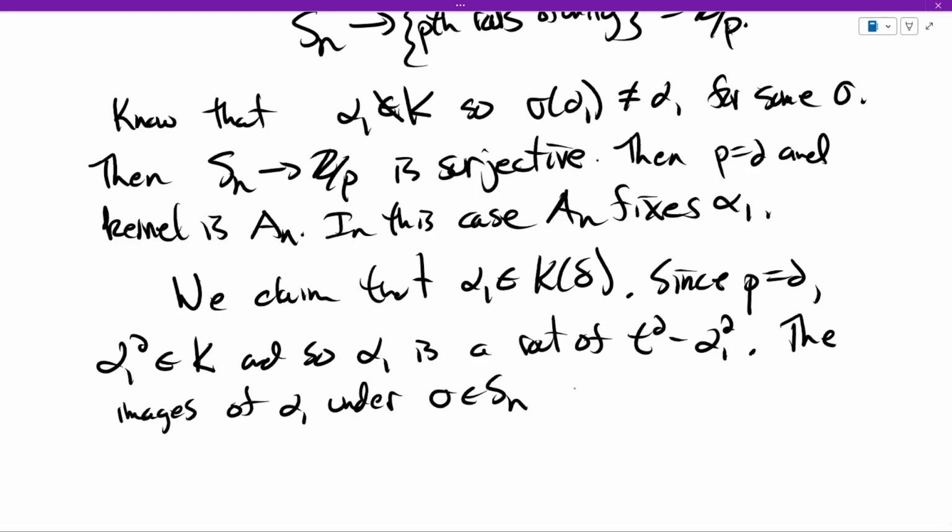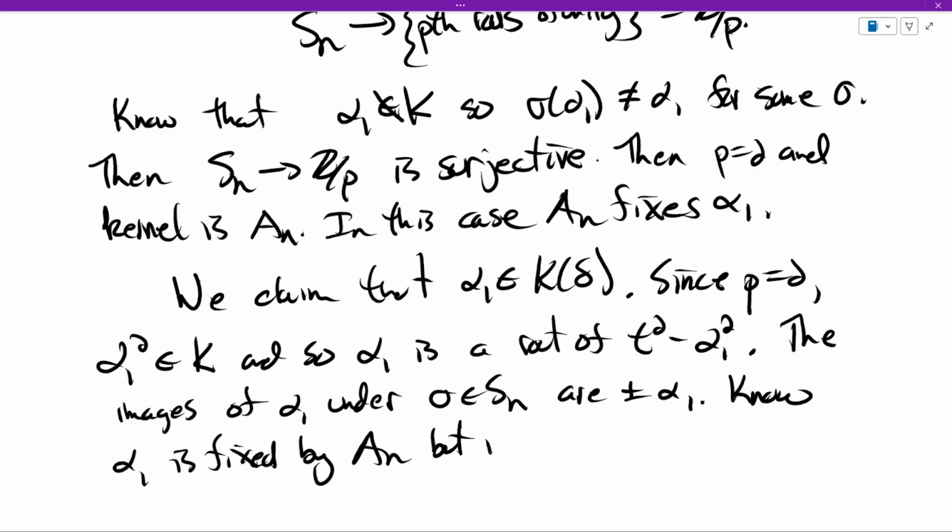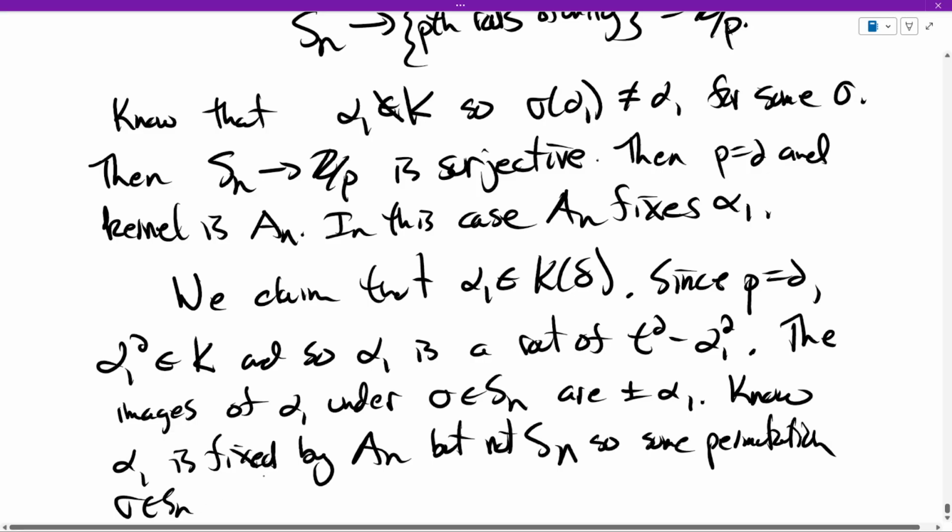So the images of alpha 1 are plus or minus alpha 1. We know that alpha 1 is fixed by An, but not Sn. So there exists sigma in Sn such that sigma of alpha 1 is negative alpha 1.